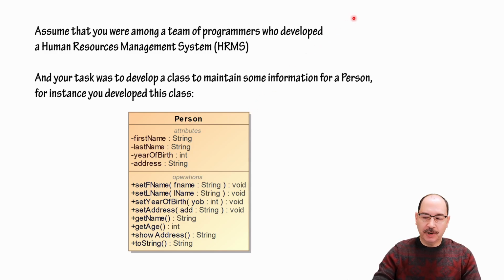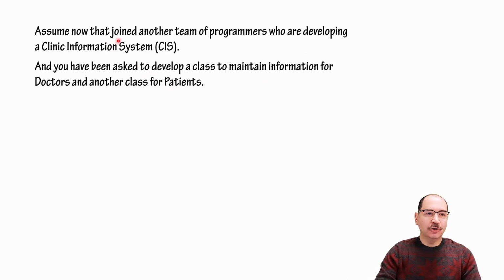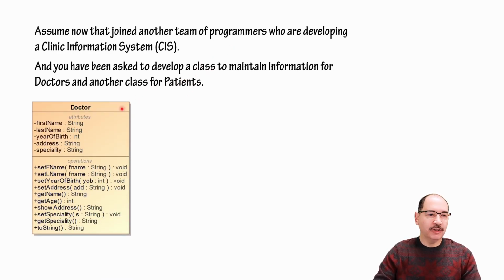So let us assume now that you joined another team of programmers who are developing a clinic information system, CIS, and you have been asked to develop a class to maintain information for doctors and another class for patient. So you started immediately and you defined this class using the UML class diagram.